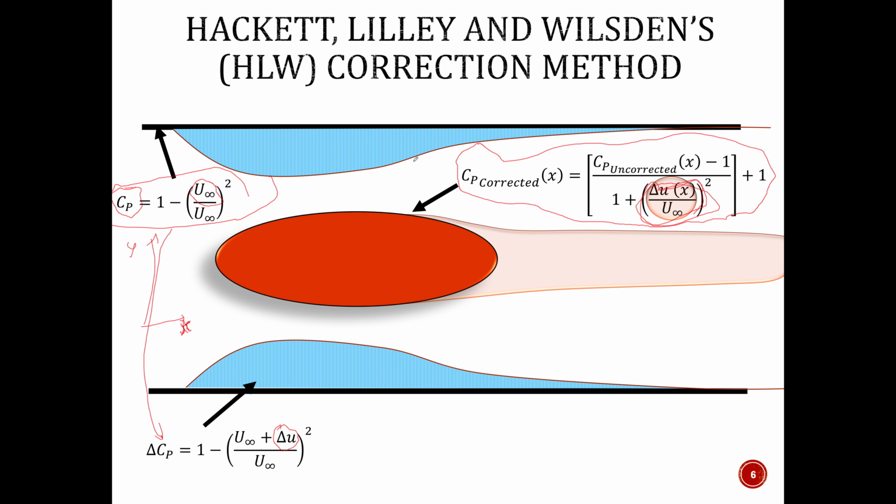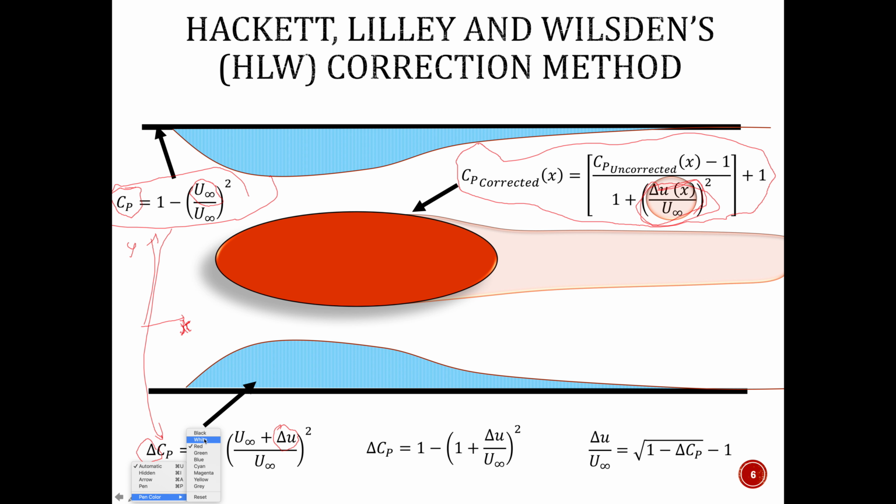So when you do that, you know that there will be a change in CP. When you expand this out, U infinity gets canceled, and then you'll get this ratio. From there, you can rearrange the equation and get to this equation right here. This is the increment in velocity that you get because of the object being there.